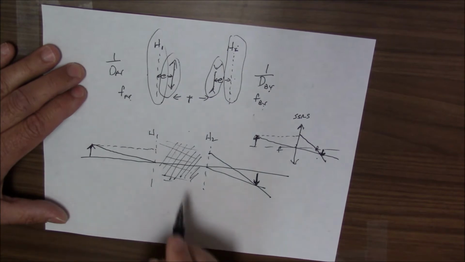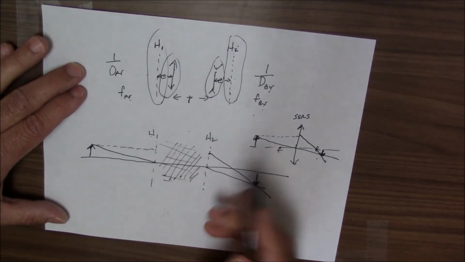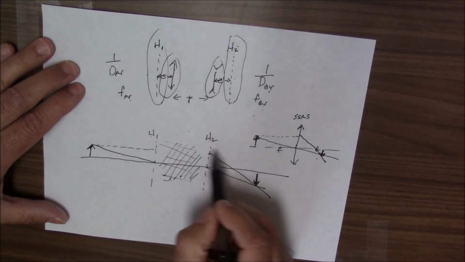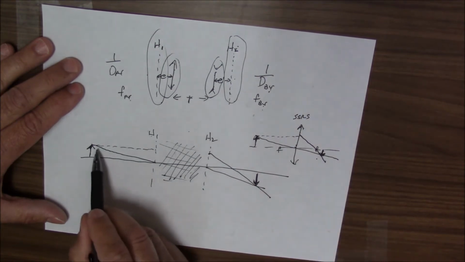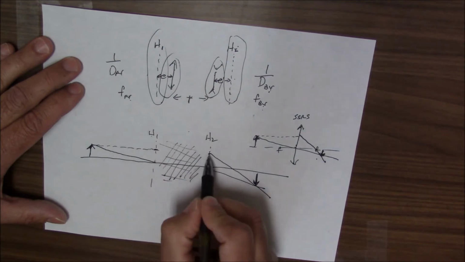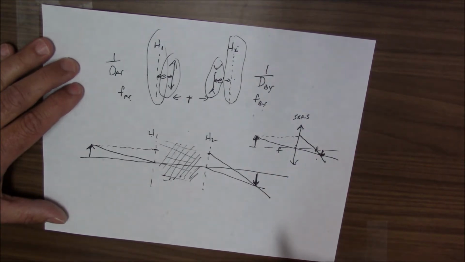All right, so when you're doing your ray trace diagrams, from your H1 and your H2 planes, or the front surface of your Gaussian equivalent, or the back surface of your Gaussian equivalent, however you want to describe them. All right, nothing happens inside. So wherever it enters the H1 plane, it leaves the H2 plane at exactly the same space. Right? And so that's how you equate one to the other if you needed to do a ray trace diagram.